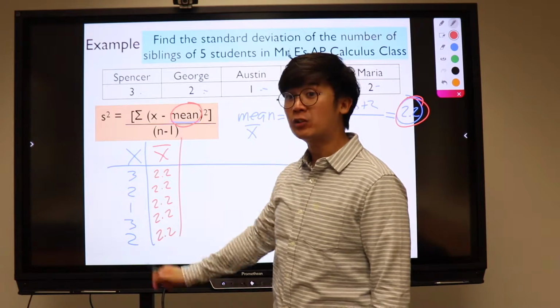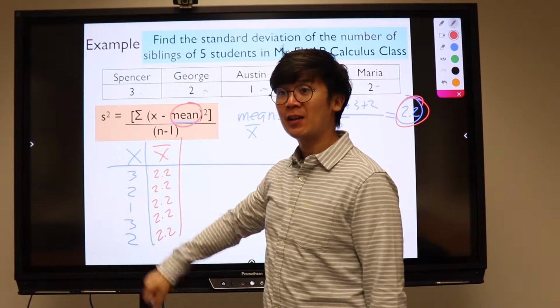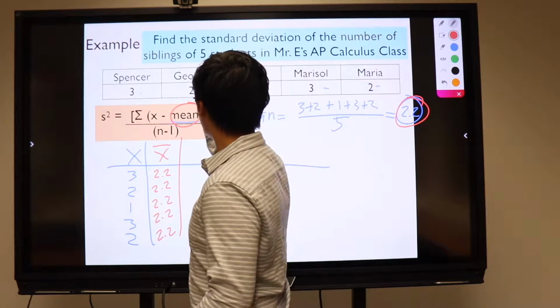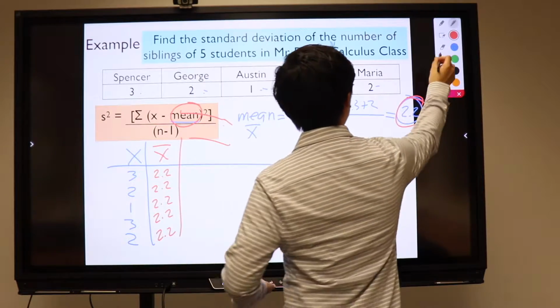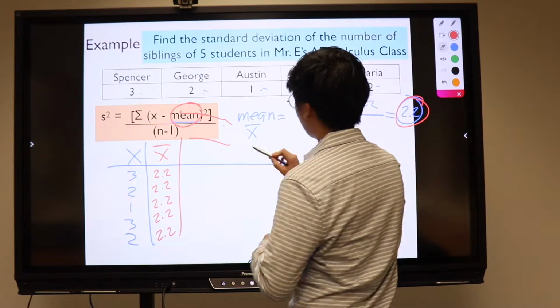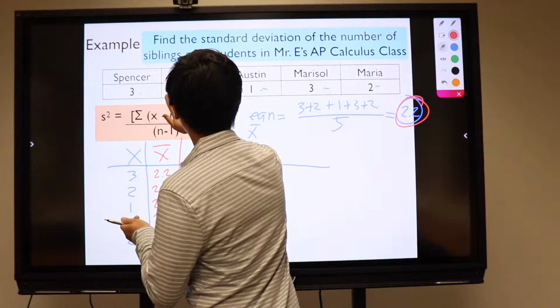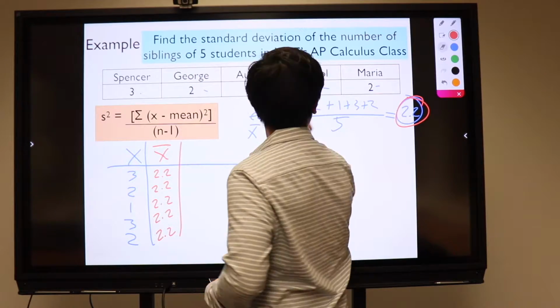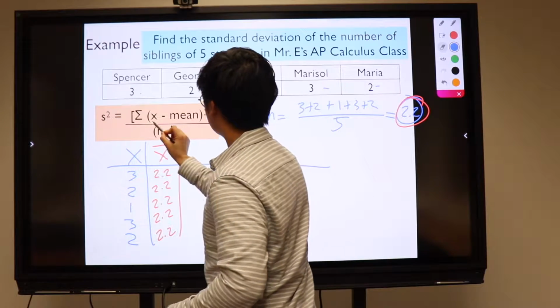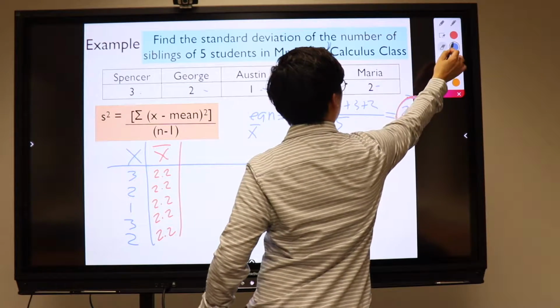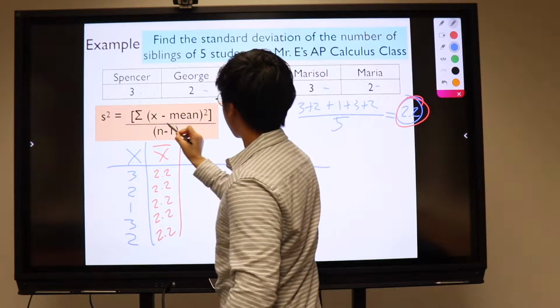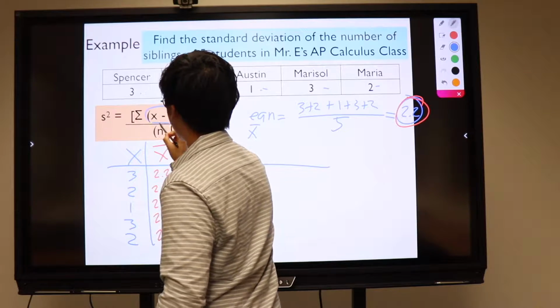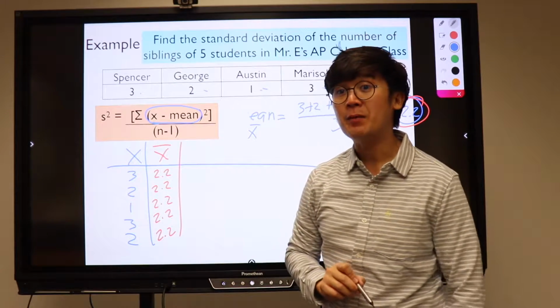So now that we have these two columns, let's start using the formula. In the formula, we need to find x minus the mean.